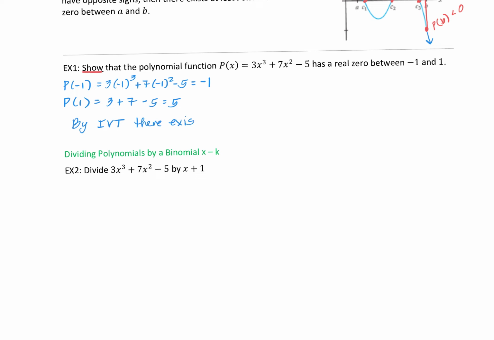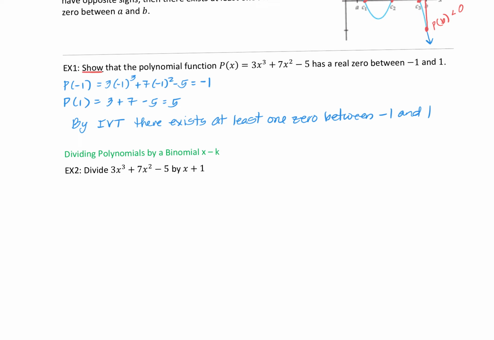exists at least one zero between -1 and 1. So it's not enough that you just show that one is negative, one positive.